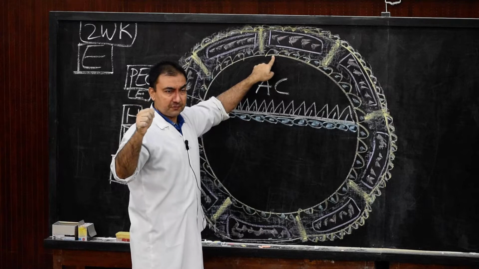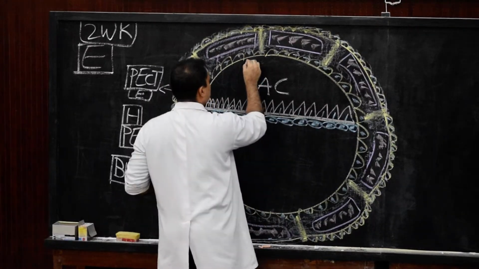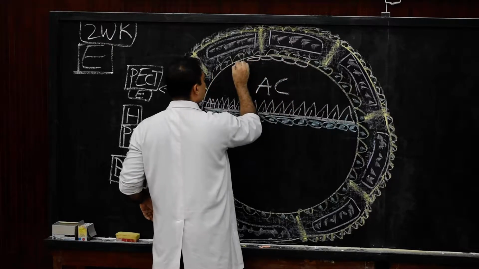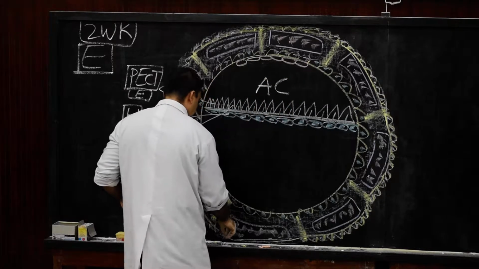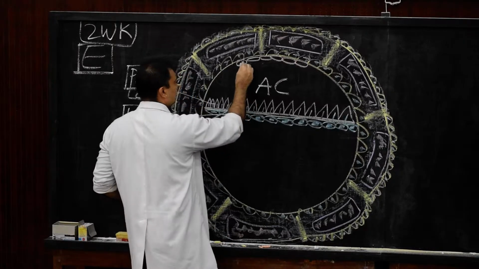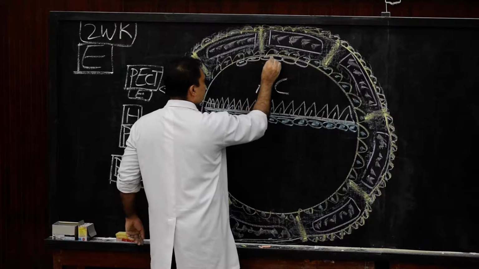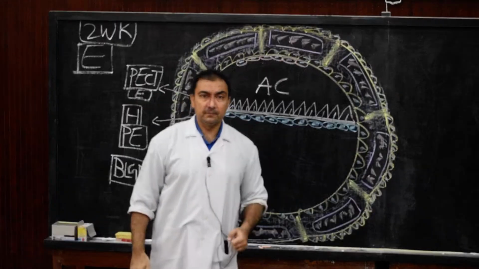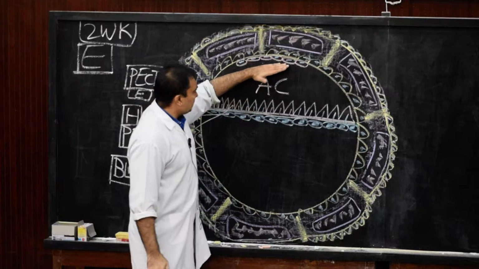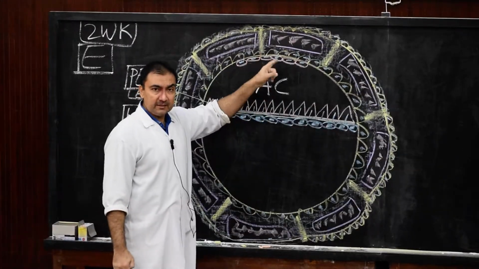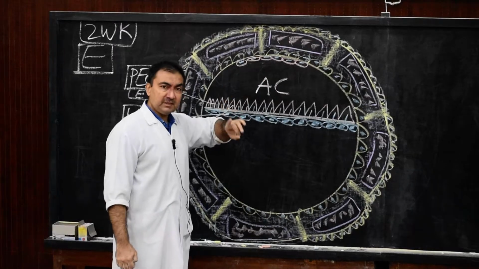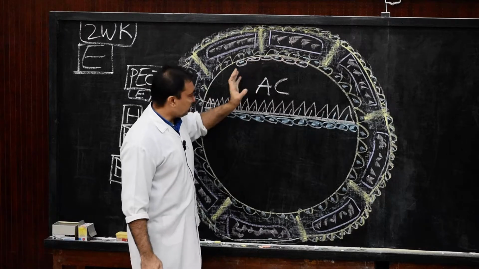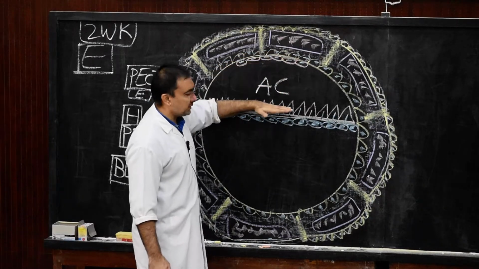The flat cells which are located in the roof of the amniotic cavity, here I'll put some nuclei inside, will be known as the amnion. So there is development of amnion cells from the roof of the cytotrophoblast. If this is the amniotic cavity, this becomes the roof, this becomes the floor.